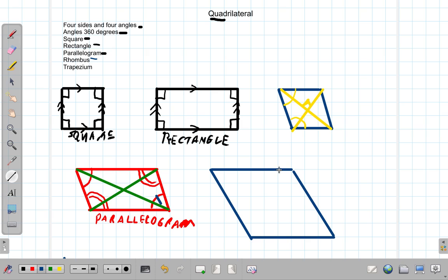Here, the diagonals now, of course, must bisect each other, right, at 90 degrees. Now you can, of course, conclude that all sides must be of the same length. All sides must be the same length.